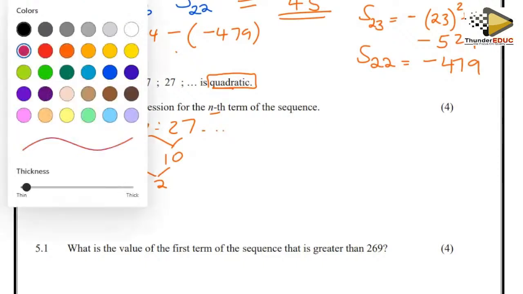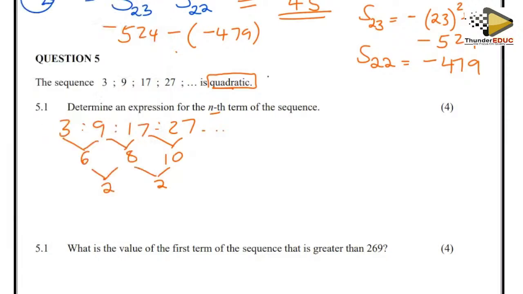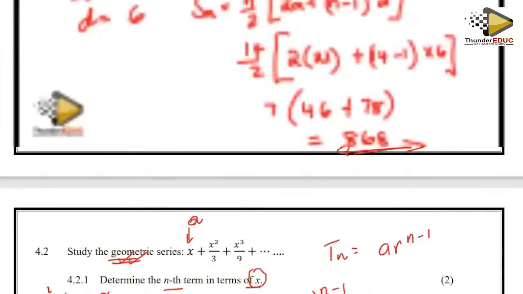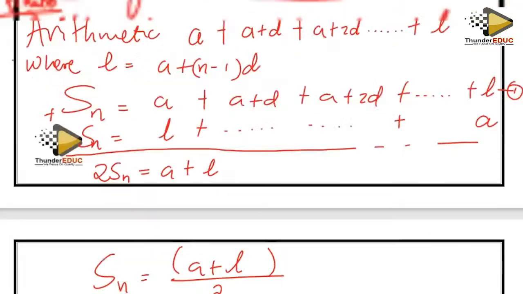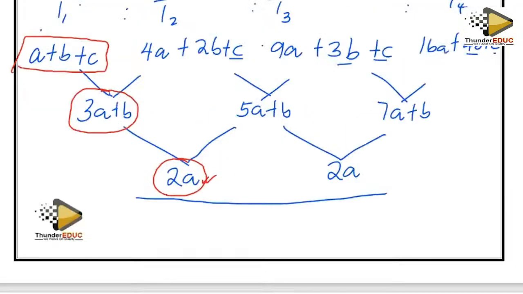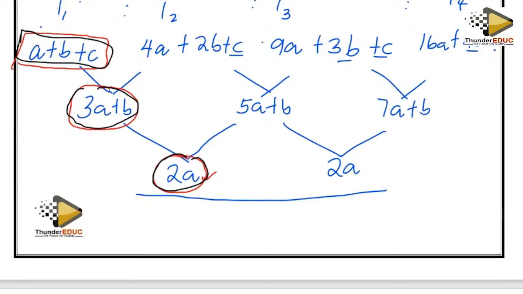Initially, when we started, let me just take people back to the quadratic. Remember, we said we have to relate it to the 2a. And then the first value of the first differences must be related to the 3a plus b, and then the first term of the quadratic must be related to the a plus b plus c.